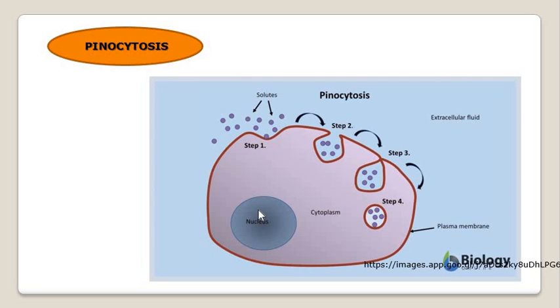A specific lock can open with a specific key, right? So here also specific receptors are there for a specific kind of biomolecule. Any biomolecule cannot attach with any receptor, right? So specific receptors only allow the entry of certain molecules which get attached to them and are carried through the invagination.